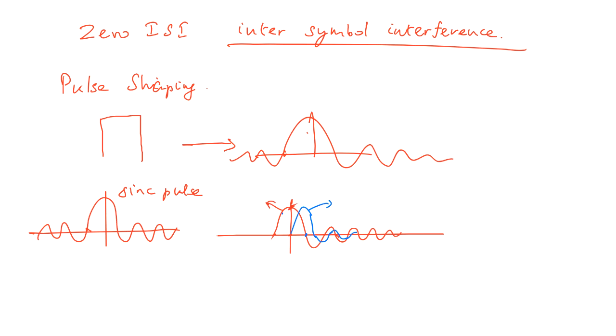So if we sample at the correct moment, exactly here, I will get the maximum value for only the red symbol. The blue is zero, and therefore there will not be any interference between them.